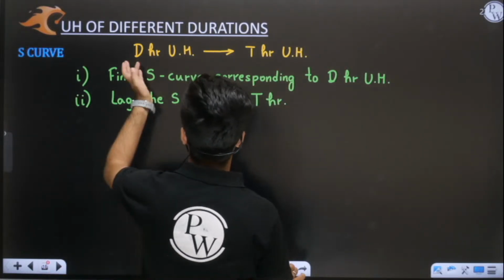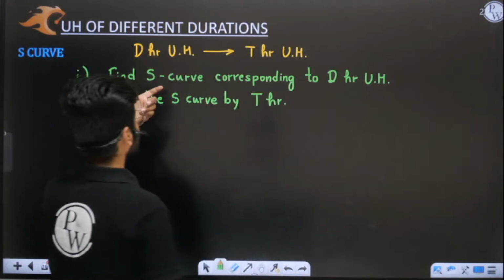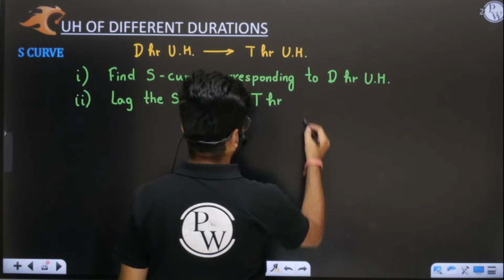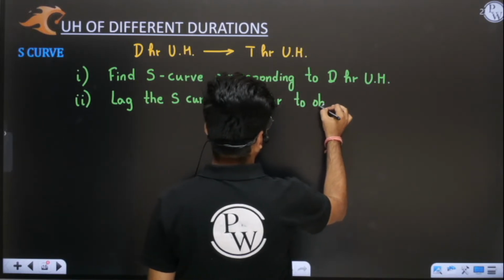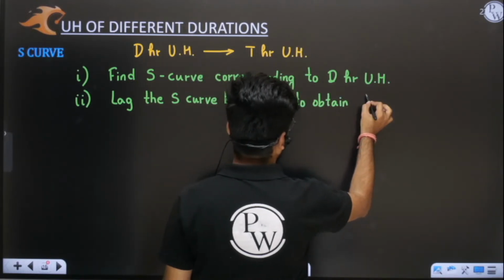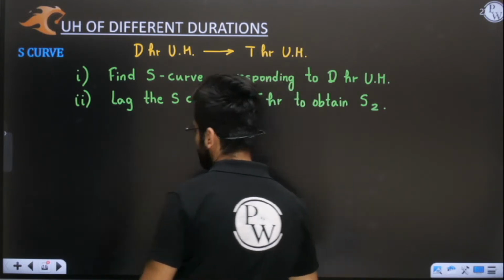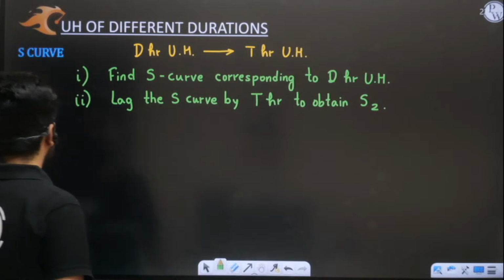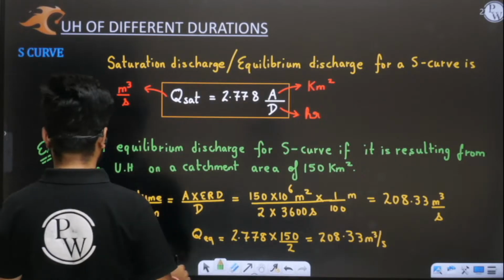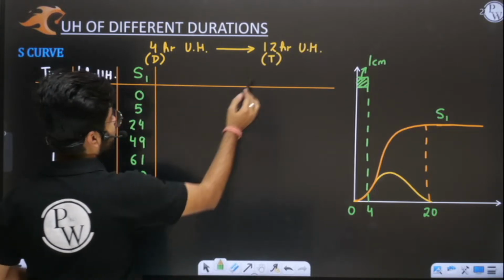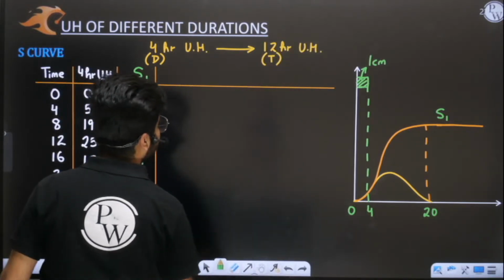If you are converting 4R into 12R, you have to lag it by T R to obtain S2. So I will lag this S curve by 12 hours because T is 12.